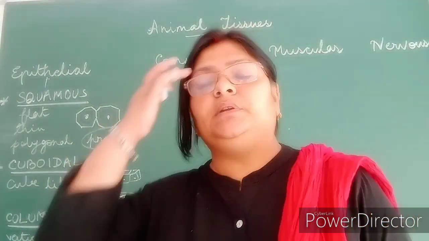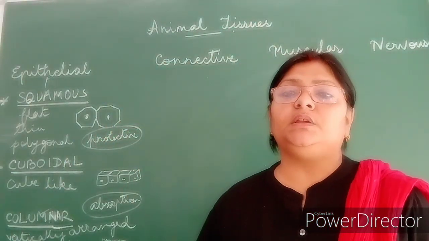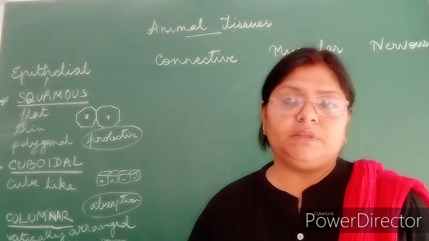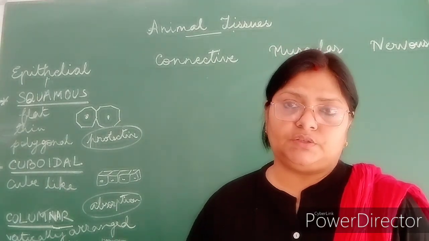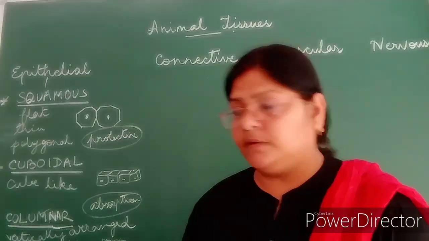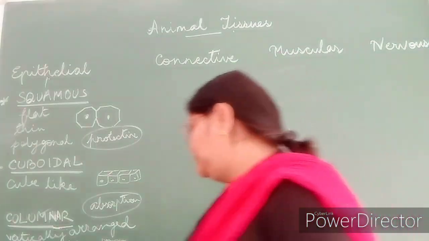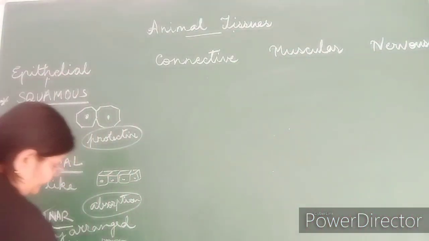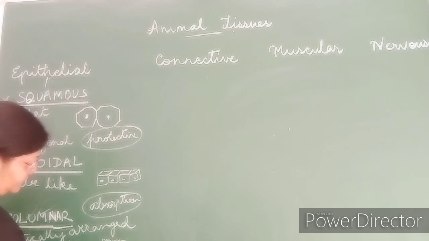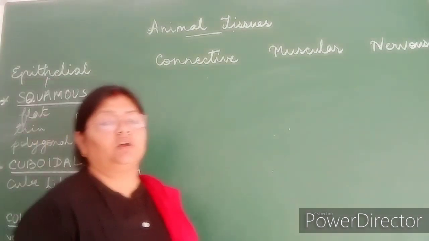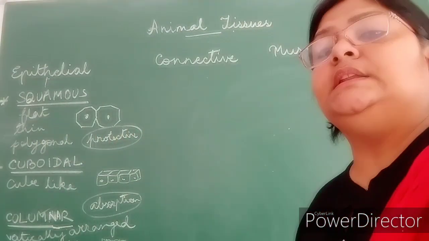Now, among this columnar epithelium, some columnar epithelium may have hair-like structures which are called cilia. The same columnar epithelium, if we draw similarly. So some of the columnar epithelium have hair-like structures called cilia.